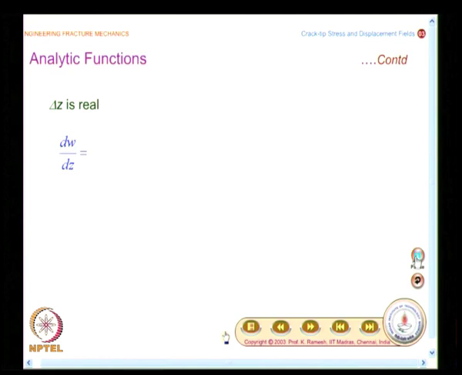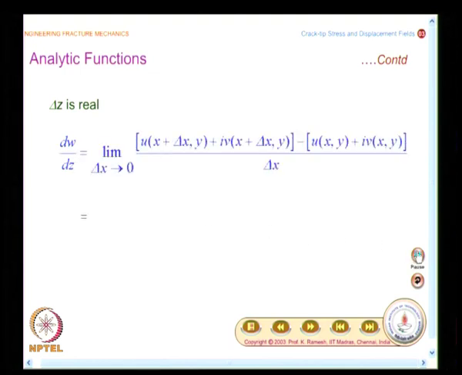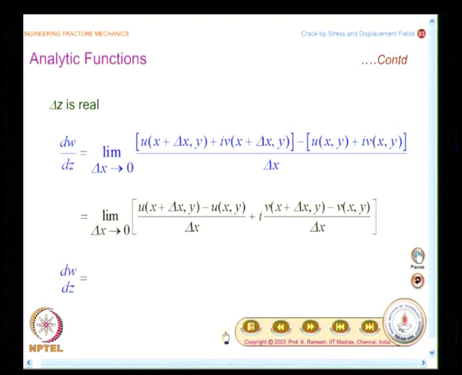We will take the case that delta z is real, and we want to write what is dw by dz.